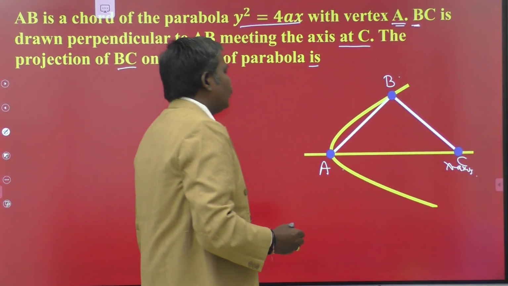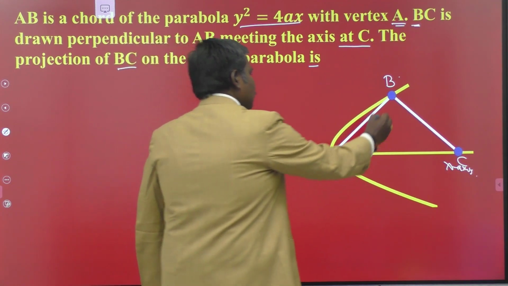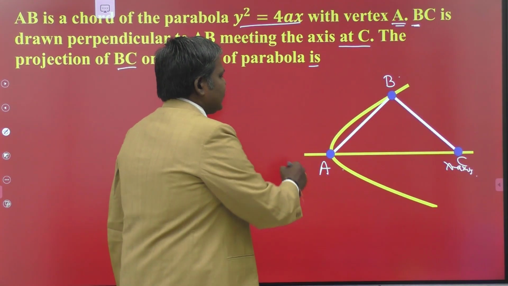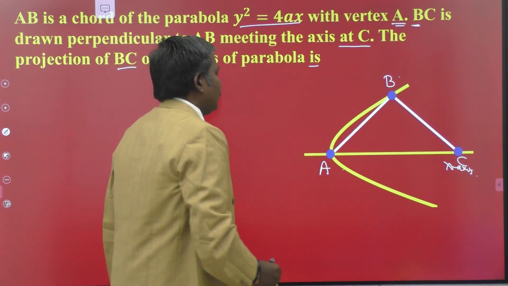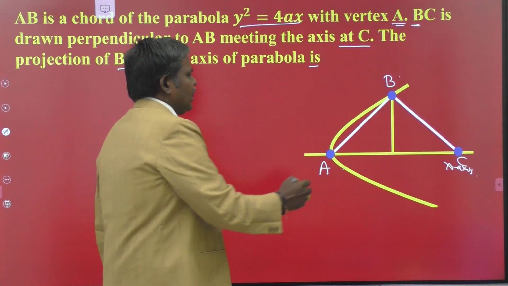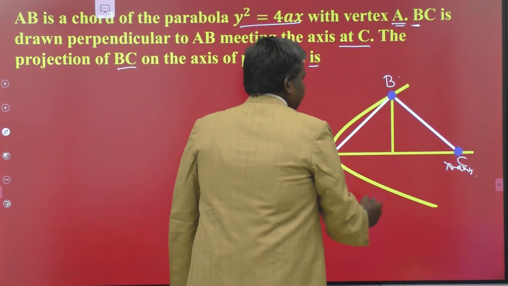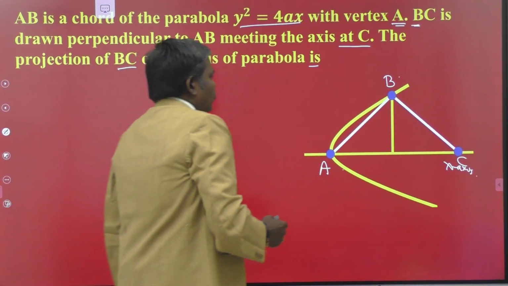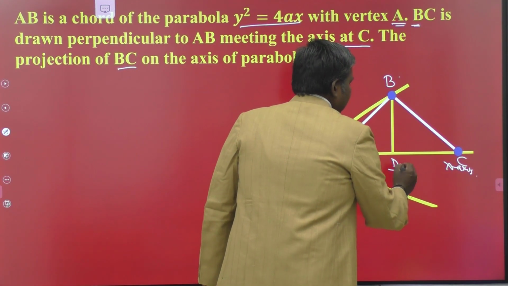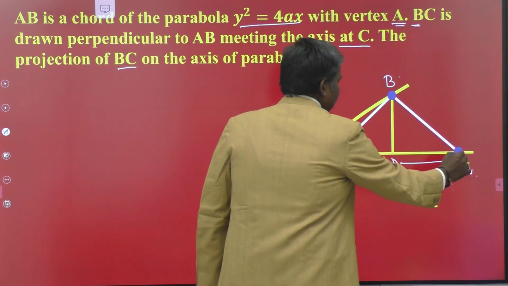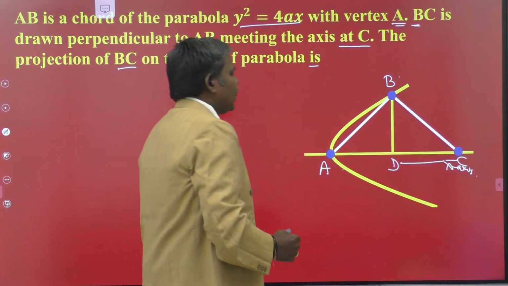We have to find out the length of this projection, that is the length of projection of BC on the x-axis, on the axis of the parabola. That means we have to draw the perpendicular from B to that line. We get the projection, point D. Now the distance from here to here, DC, is the required length.